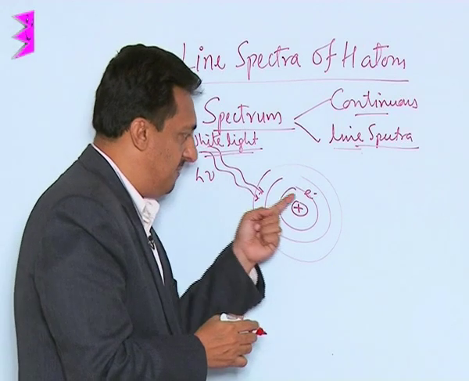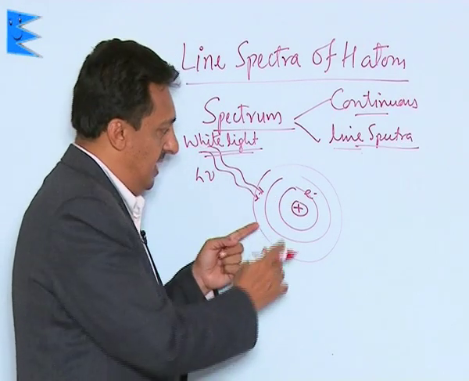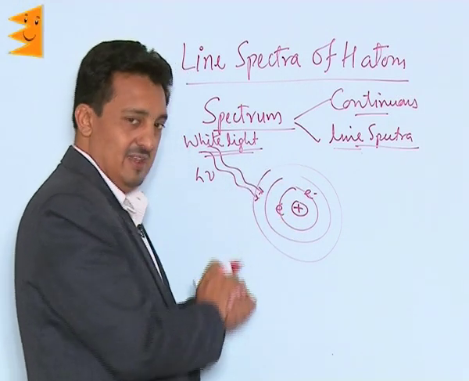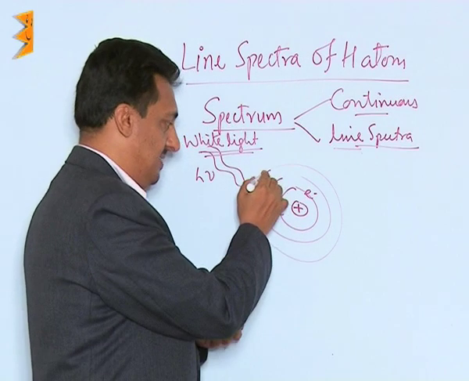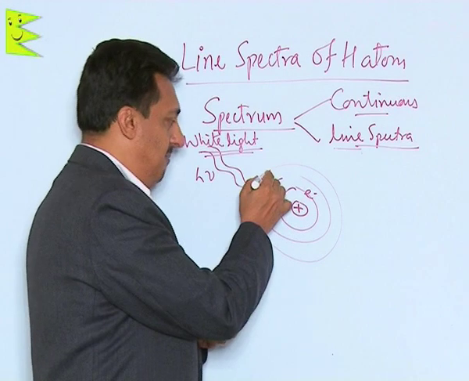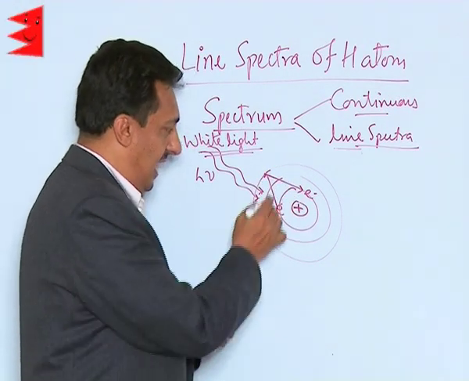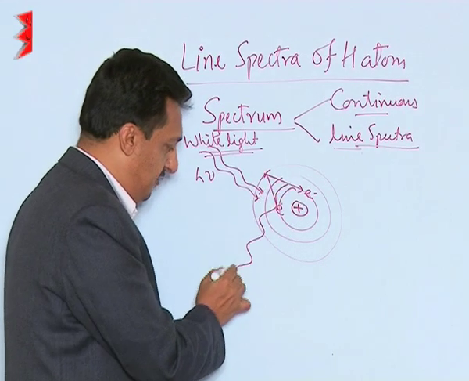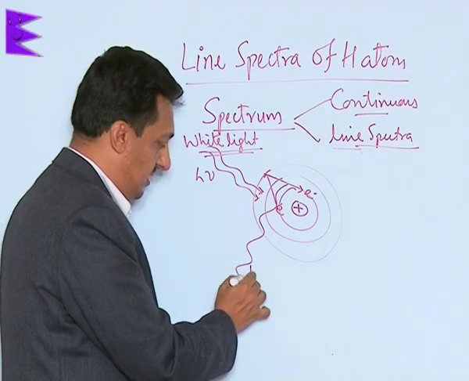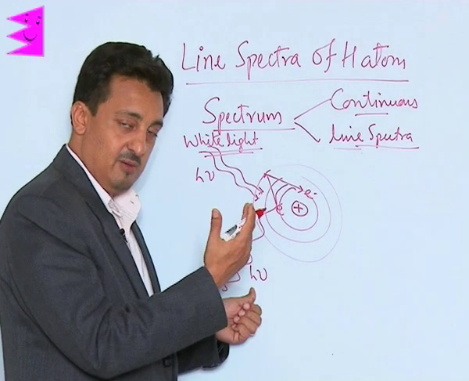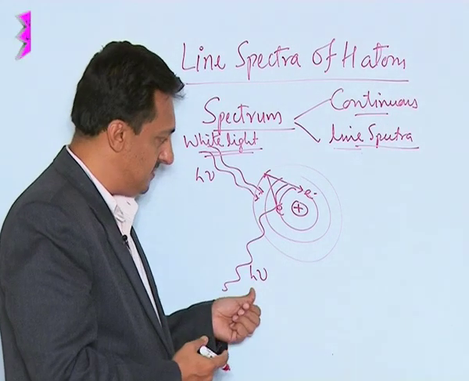This light is absorbed by the electrons, and these electrons get excited to a higher energy level. They then come back to their original state and emit a different amount of radiation, again in the form of h nu. We know the formula, the Rydberg formula, and the Rydberg constant is involved in that.